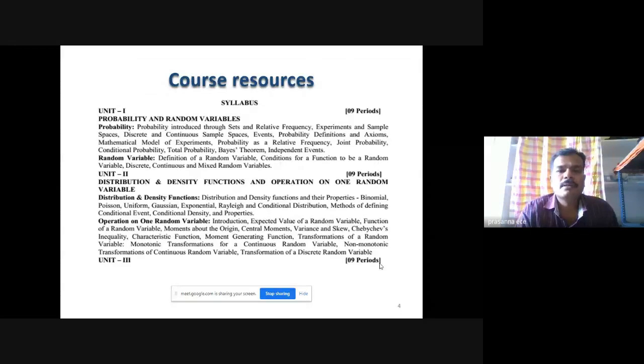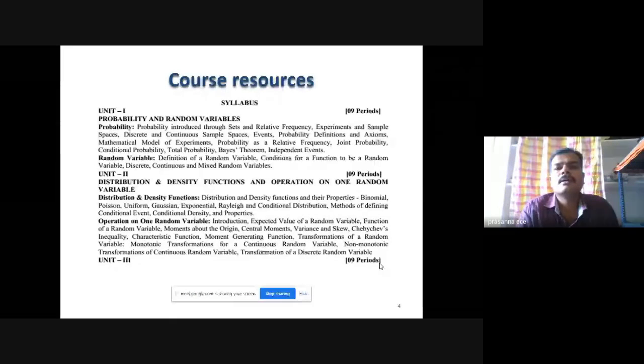Basically the syllabus consists of 5 units. As you are aware, even in other subjects, this is the pattern we are following. So the first 3 units focus on random variables, and the later part, the 4th and 5th units, focus on random processes.